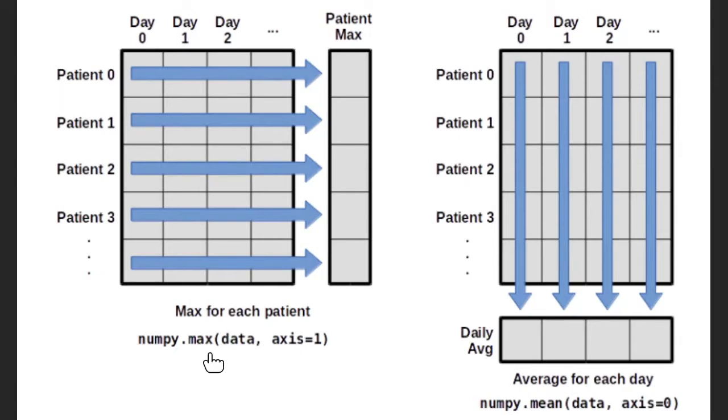If we want the maximum for each patient, but you can use average, minimum, whatever you want, you need to use axis 1. And when you want, for example, the average for each day, you need to use axis 0. And you get the daily average here.